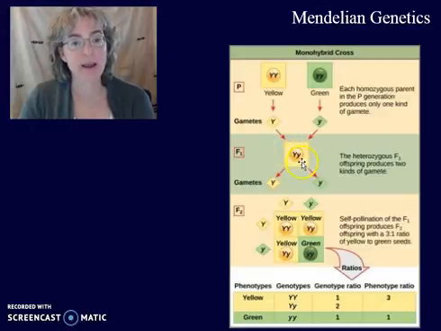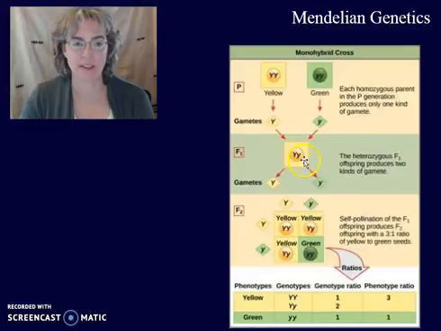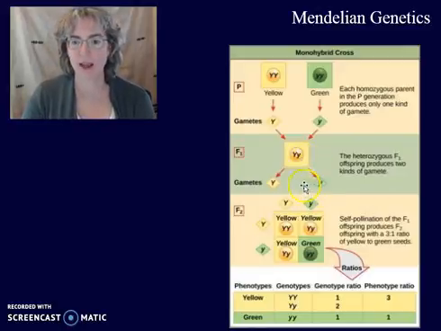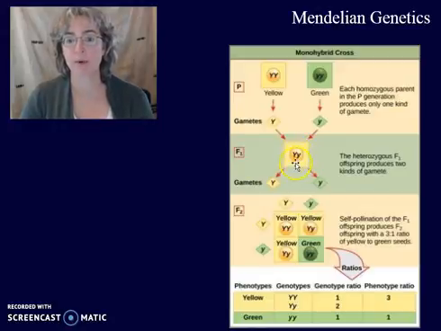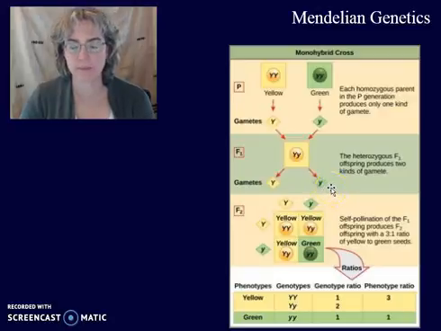That's the genotype, and they're all going to be yellow seed. That's the phenotype. Okay, so now what gametes can the F1 generation come up with? They can have gametes with dominant alleles, and gametes with recessive alleles.